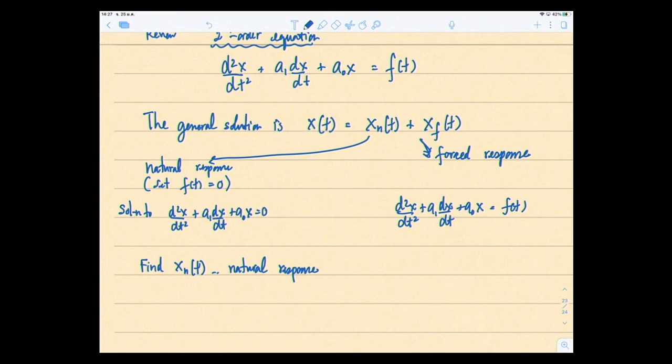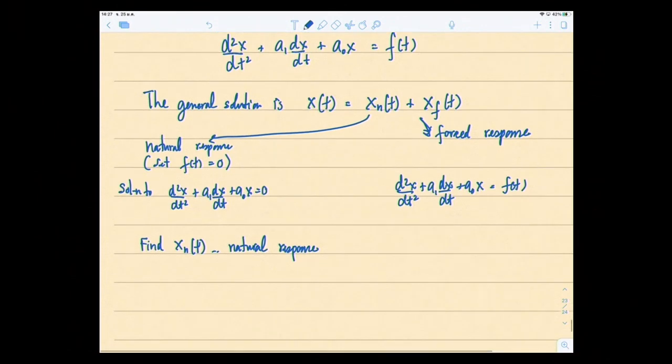So that means we have to solve d²xn/dt² plus a1 dxn/dt plus a naught xn equal to 0.